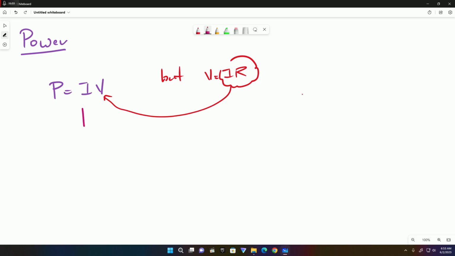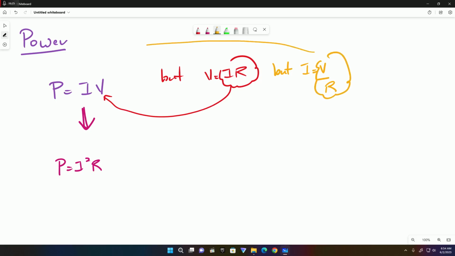This new equation is P is equal to I squared R. But I is equal to V over R. If we substitute this in here for I, we get another equation altogether, and this is P is equal to V squared over R. So these three equations are the equations used to calculate electrical power.